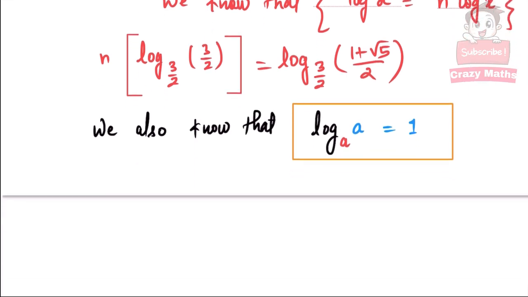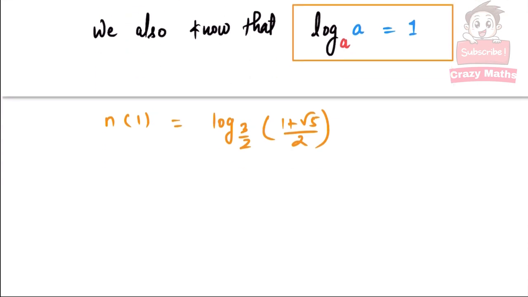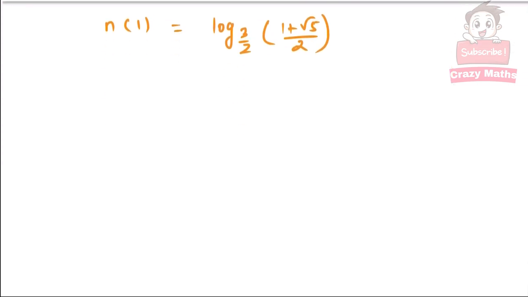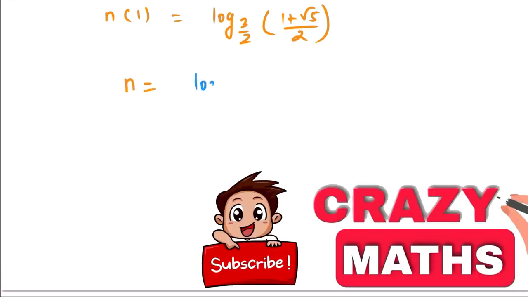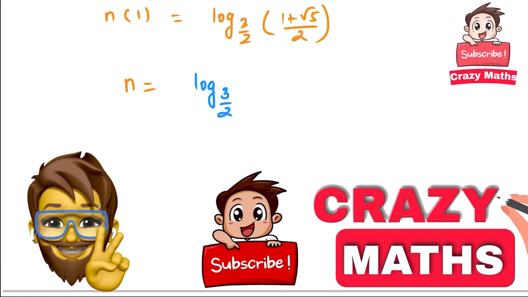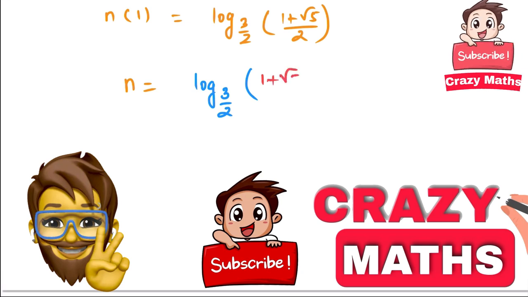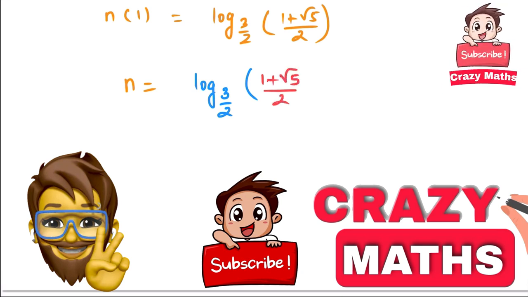The log base and value are both the same, therefore the value will be 1. Log base 3 by 2 of 3 by 2 equals 1. Then n equals log base 3 by 2 of 1 plus root 5 upon 2.